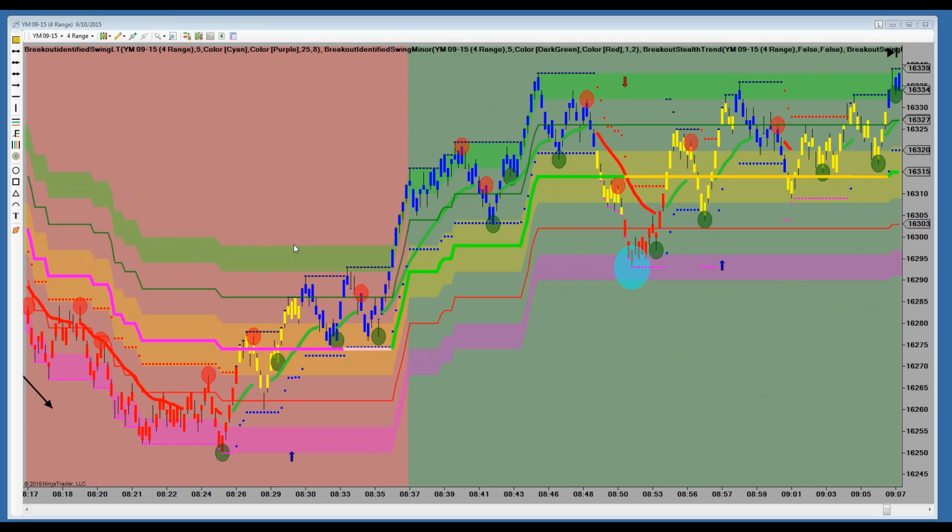I give you sort of a quasi, not too tricky, but a little bit tricky. So on the right-hand side of the chart, is this market trending or not trending? Right in here.